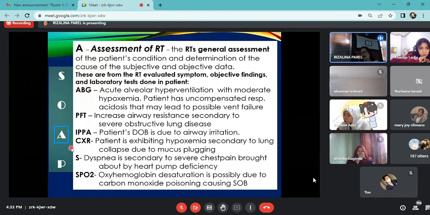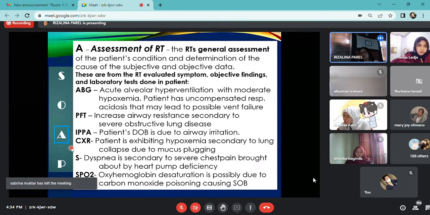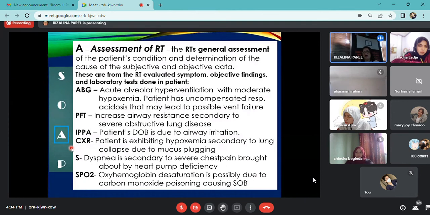Now, after doing those, then we'll proceed with the A under SOAP, and that is assessment of RT. You will not assess as a doctor. You're not a doctor. As a nurse, you're not a nurse. As a PT, physical therapist, you're not a physical therapist, that you will only assess according to the limitation and extension of your management.